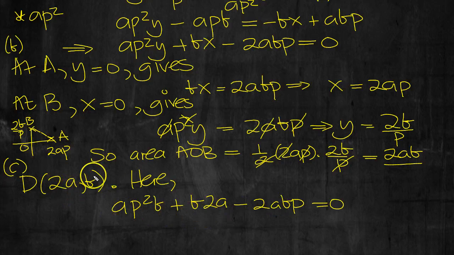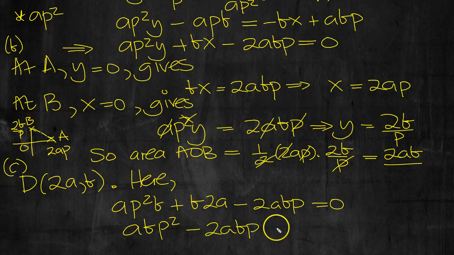So is there a value of p? Let's just check: b is the y value, ap squared by b, and when we put it in here, the x is 2a, minus 2abp, that's good. So what have we got? We've got abp squared minus 2abp plus 2ab equals 0.